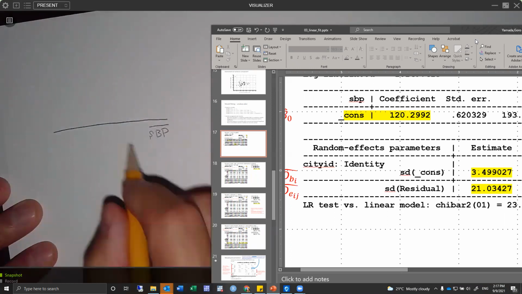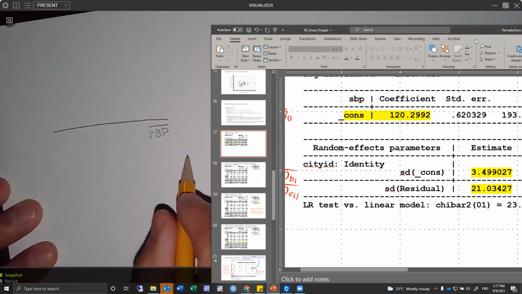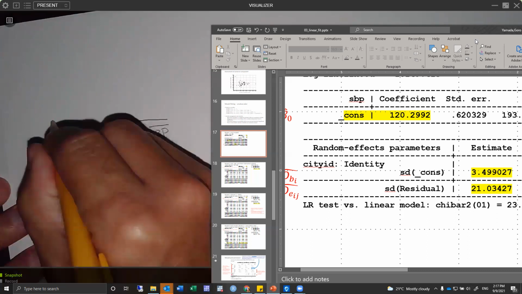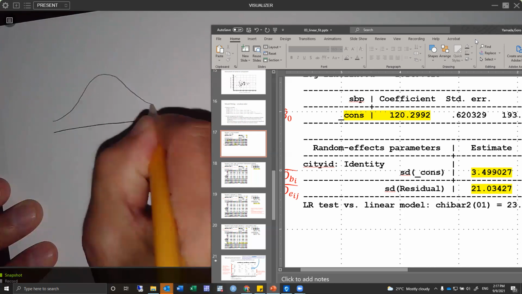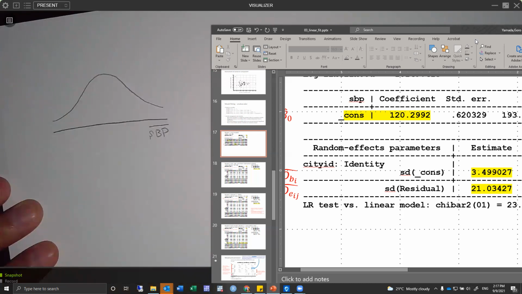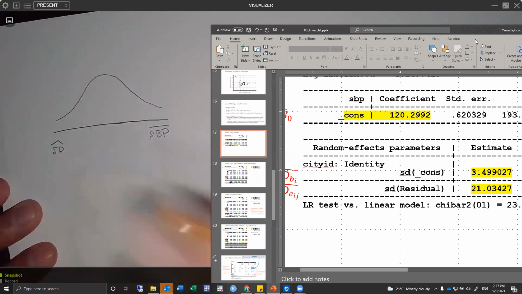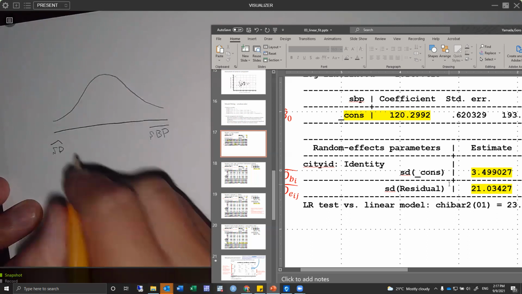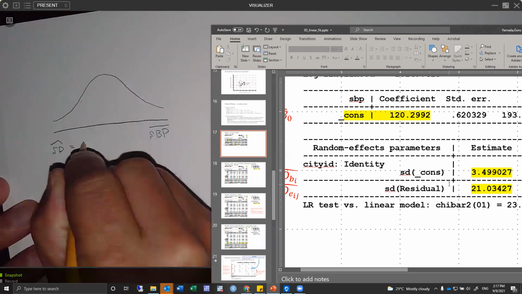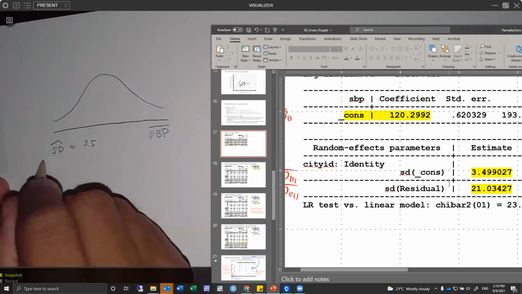And we assume that systolic blood pressure is normally distributed, and estimation of its standard error is or was this one, 3.499. So it's roughly 3.5. Standard deviation, estimated standard deviation is 3.5. So it means that 2 standard deviation is roughly 7.